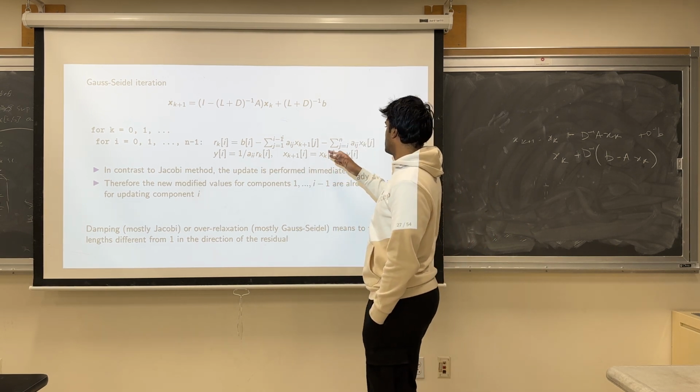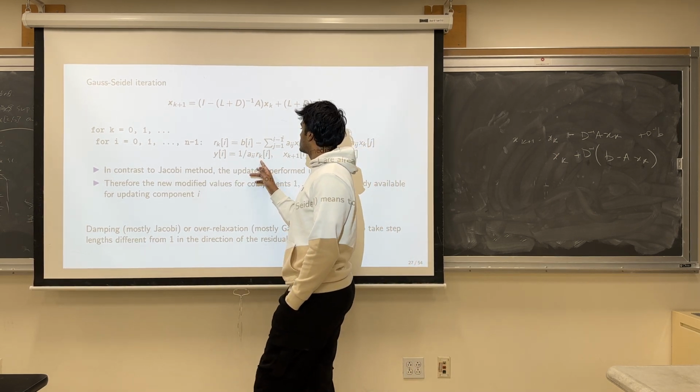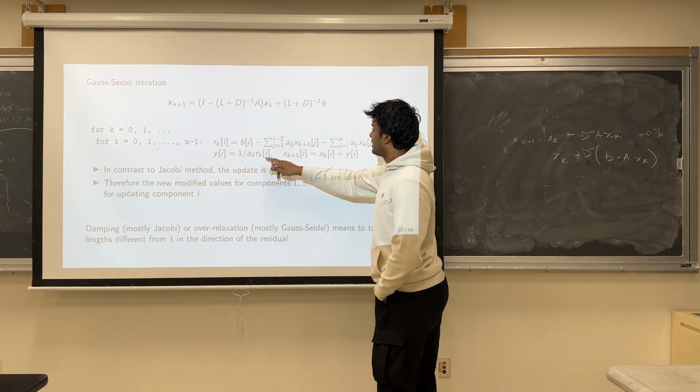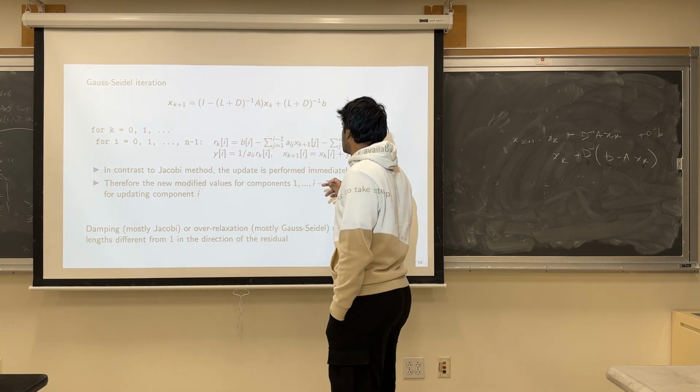Well, this is simpler. Let's go with the backward. x_{k+1} is x_k plus y_i. y_i is just the diagonal inverse of my residual r_k, and my residual is b_i minus.